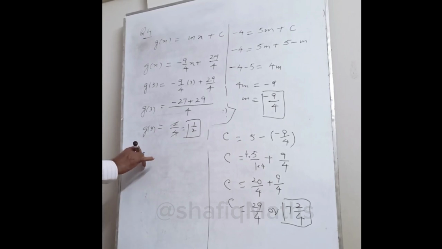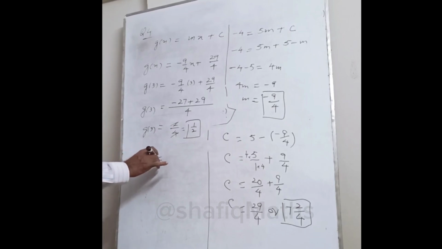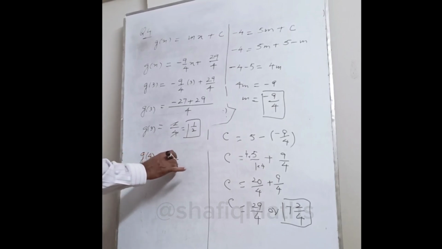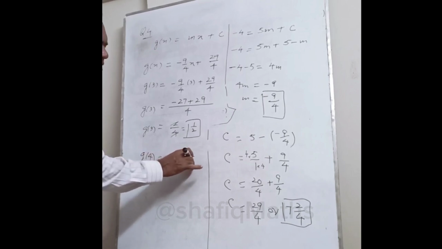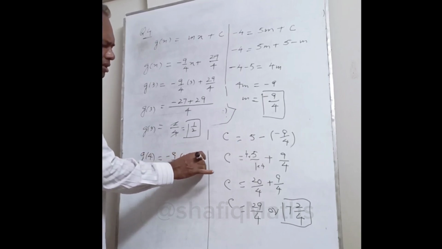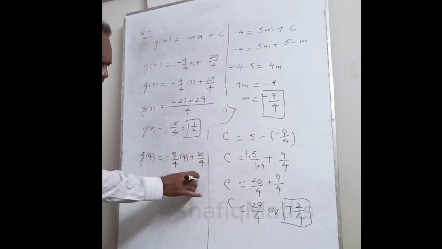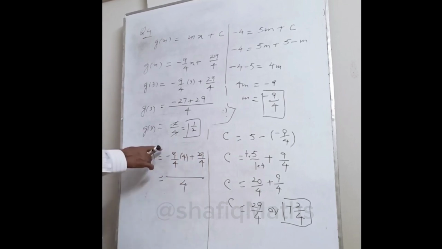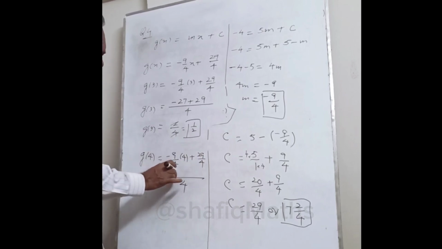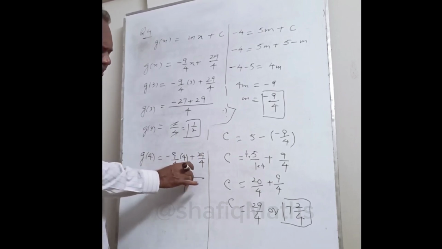And now we are coming to g(4). g(4) = −9/4 × 4 + 29/4. Now the LCM is the same. −9 × 4 is −36, plus 29.